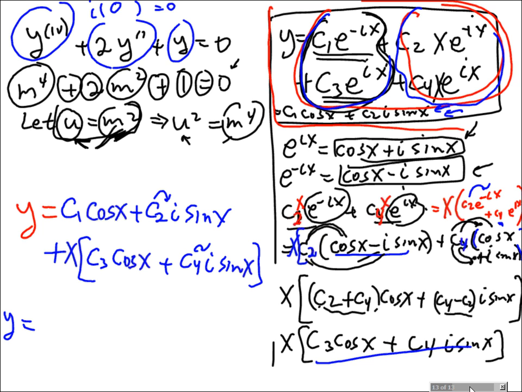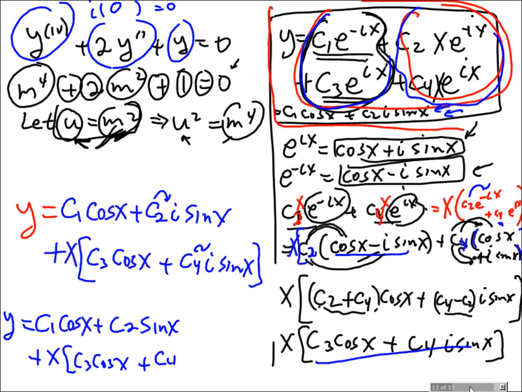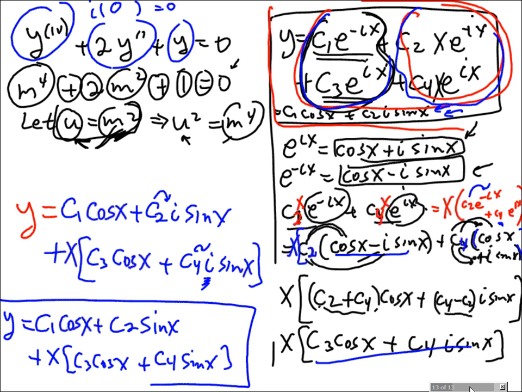That is, you didn't need the i. You can have C1 cosine x plus C2 sine x plus x times C3 cosine x plus C4 sine x. You do not need that i, and here is your solution.